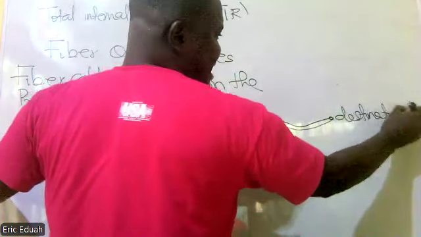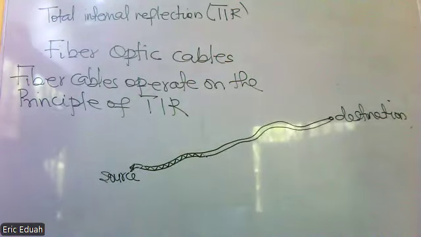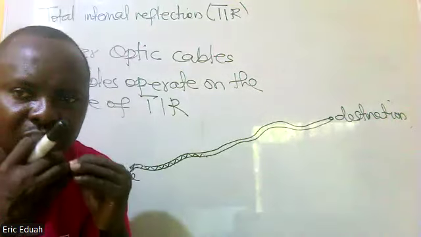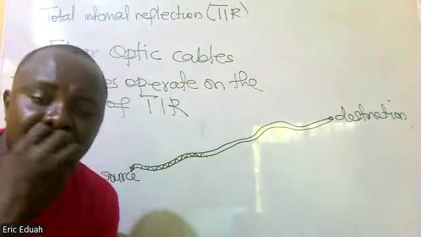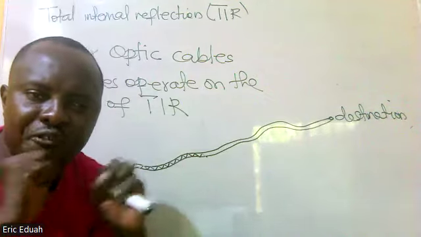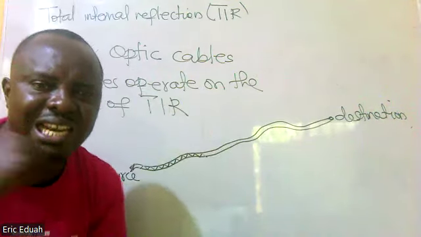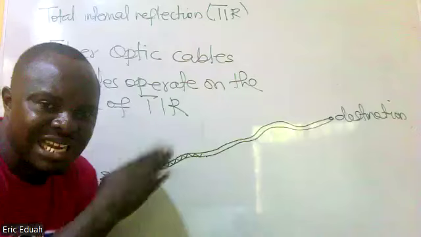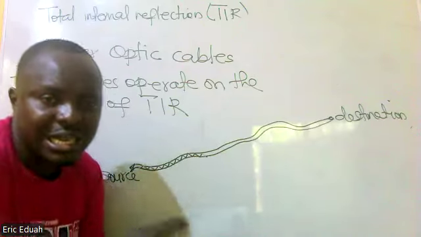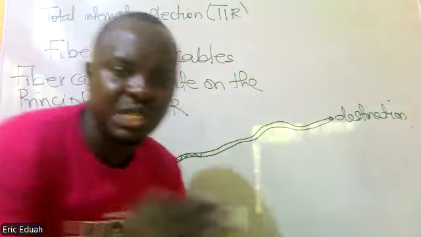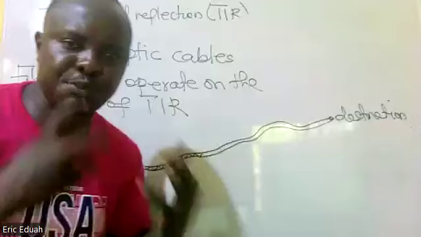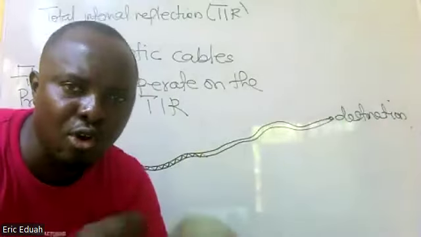That is why we are saying that this operates on the principle of total internal reflection. Whatever is to be sent, whether voice calls or data, is bundled in the form of light, and the light is incident at an angle greater than the critical angle of the fiberglass, and total internal reflection will just take it, move it on and on and on at a fast speed and minimal losses.